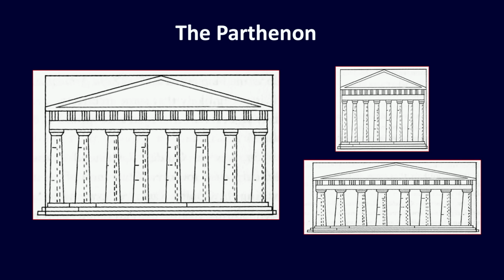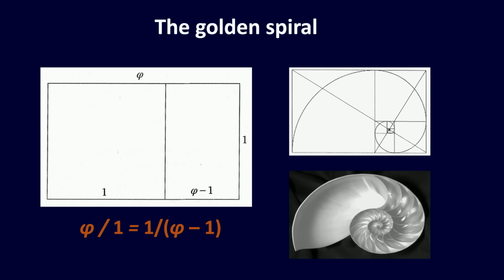Aesthetically, some buildings may seem too short and fat, or too long and thin, whereas a rectangular building with these proportions may be considered to have the perfect shape. But although the Greeks knew about the golden ratio, there's absolutely no evidence that they designed their buildings to accord with it. What is this shape?